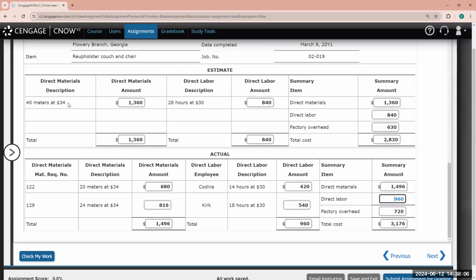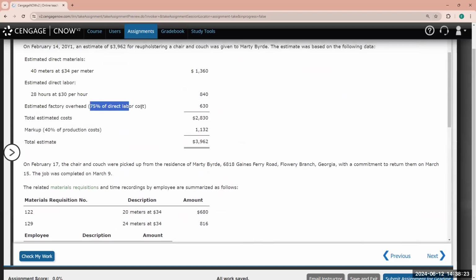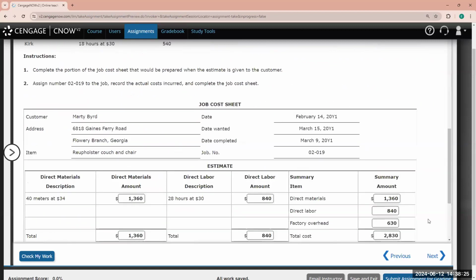In this case, we multiply our direct materials by the rate per material. We multiply our total hours worked by the hourly rate. We carry over the totals. And then from there, our factory overhead in this example is 75% of our direct labor costs.